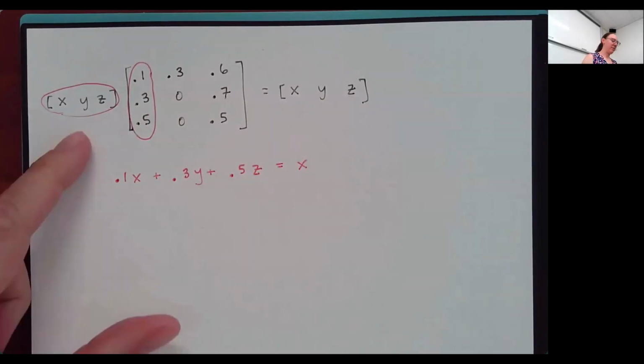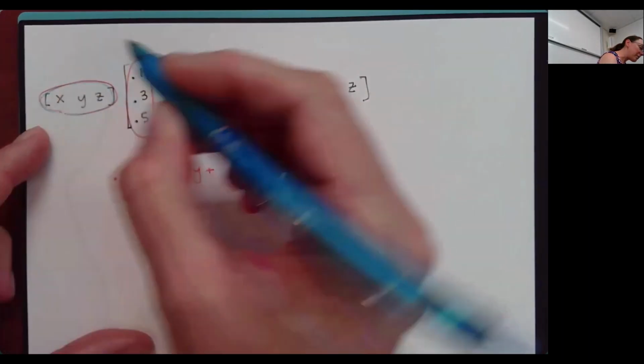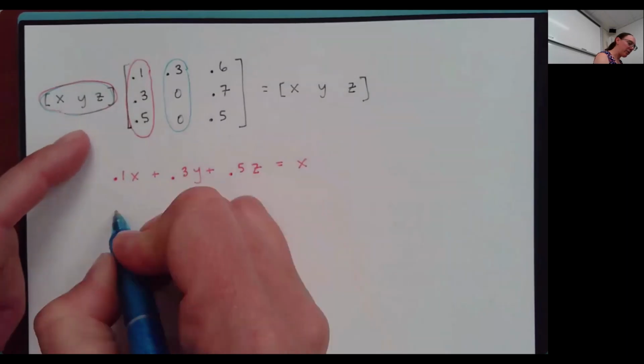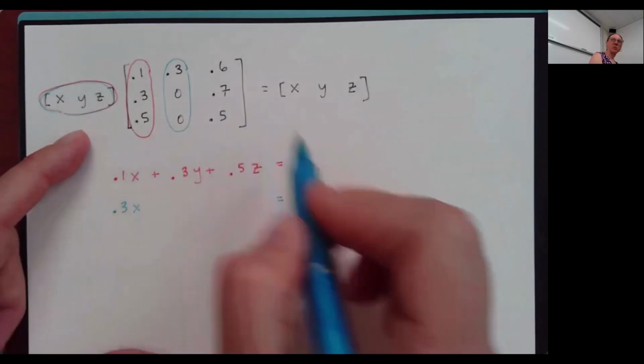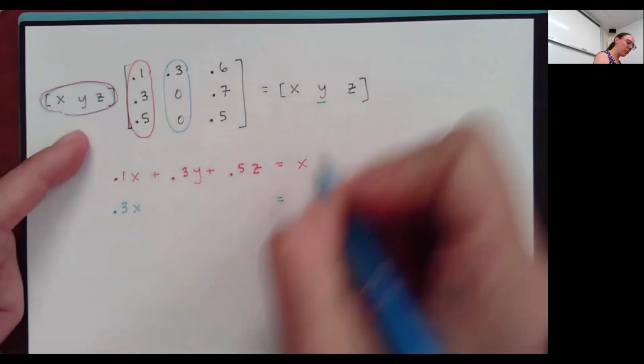If I take my row times my second column, I'm just going to get that 0.3x is equal to y, because I'm doing my second entry now.